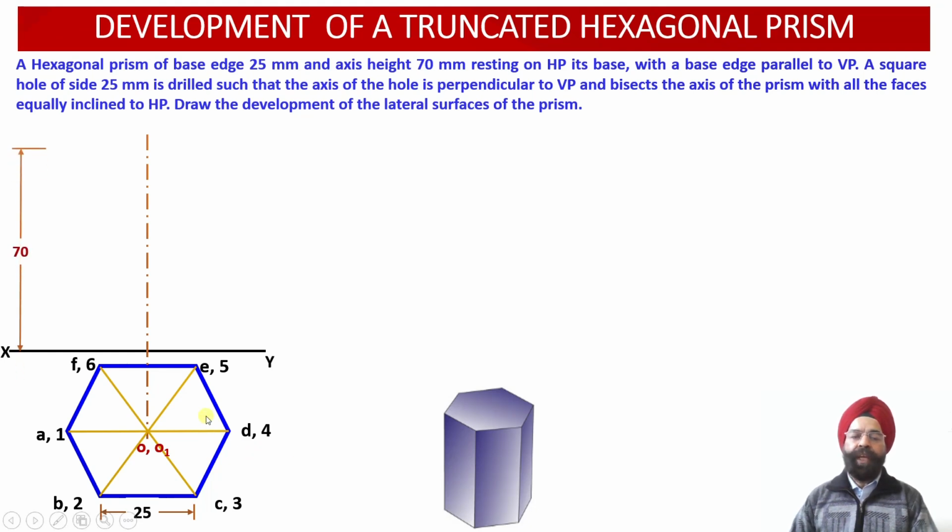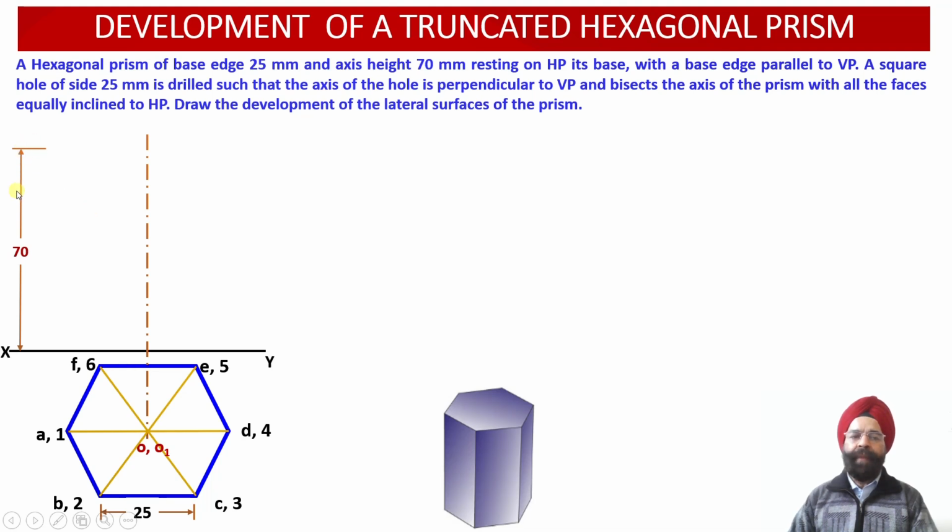Having obtained the top view projections of this hexagonal prism, let us proceed to evaluate the front view projections. From the axis points O and O1, we have drawn the axis projection line into the elevation view, and we know that the height of the axis of this hexagonal prism is 70 mm.